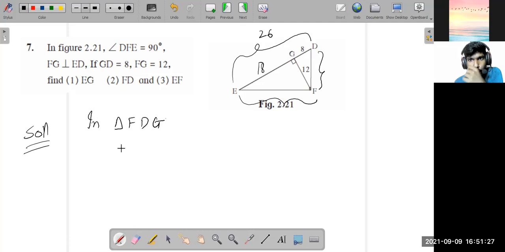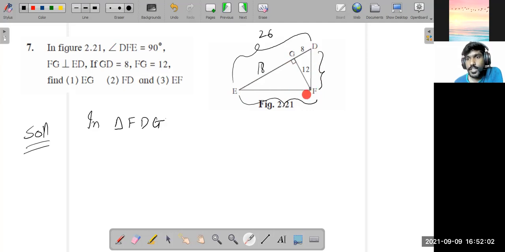If I use the Pythagoras theorem for the bigger triangle EDF, you will not have the length of DF or EF.